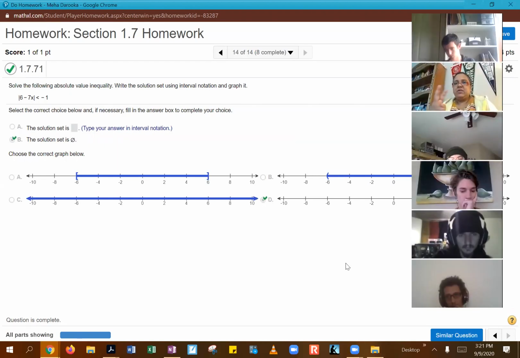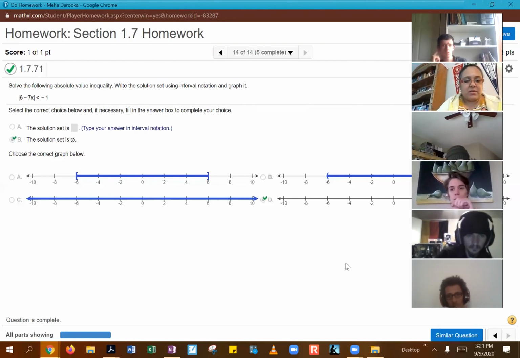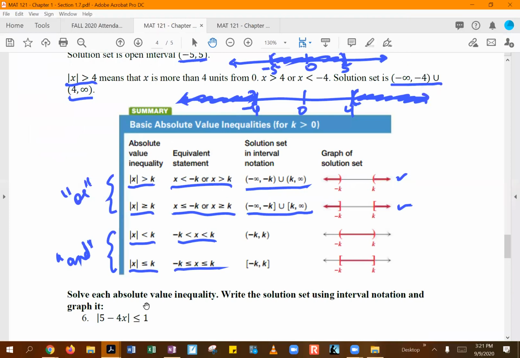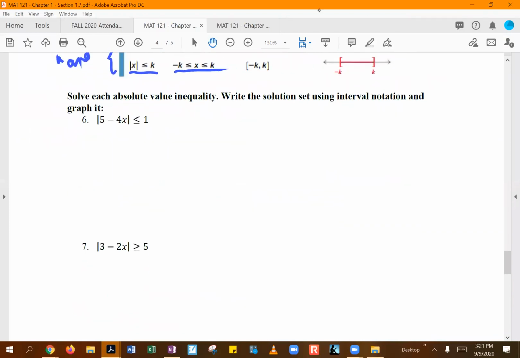Okay, so these last two examples are, like I said, the special case examples where you're actually not solving the inequalities. And this only happens when you have a negative number on the right-hand side. So going back to your notes over here, as long as you have a positive number on the right-hand side, you can solve these inequalities.